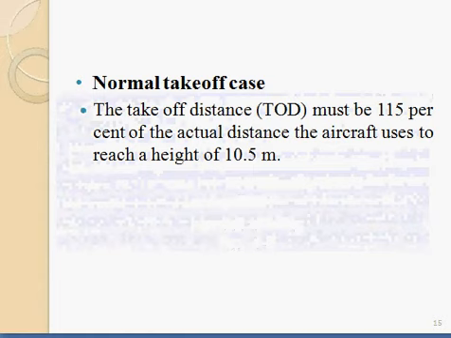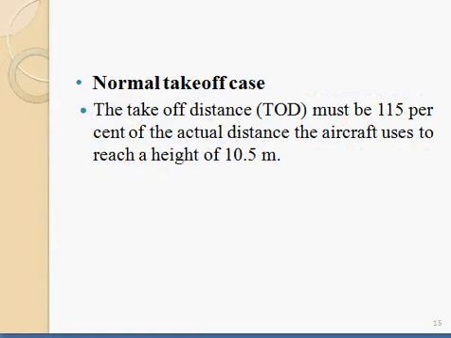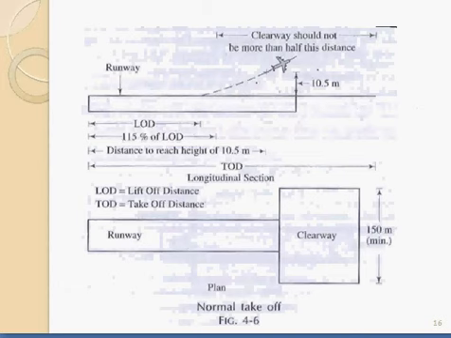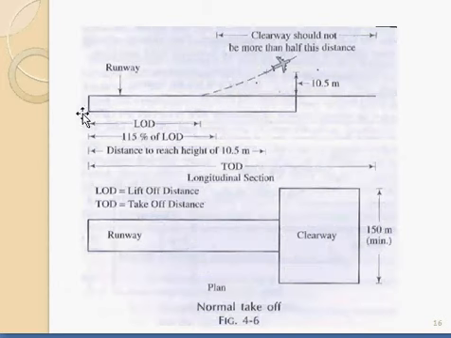Next is the normal takeoff case. The takeoff distance must be 115% of the actual distance the aircraft uses to reach a height of 10.5 meters. In this figure you can see the aircraft starting from here, accelerating, and lifting off here. This is the lift off distance, and it will take off like this.